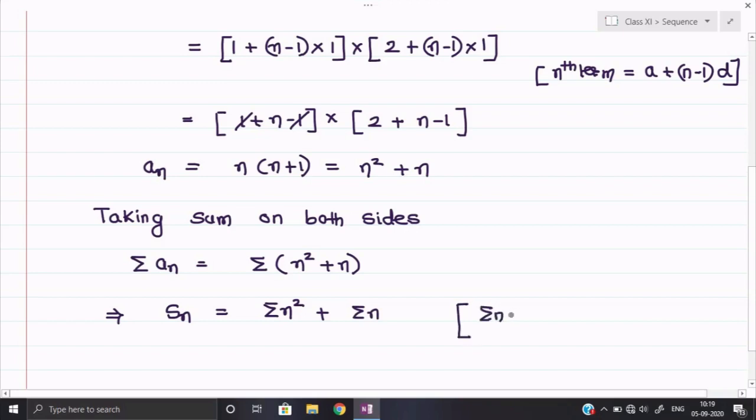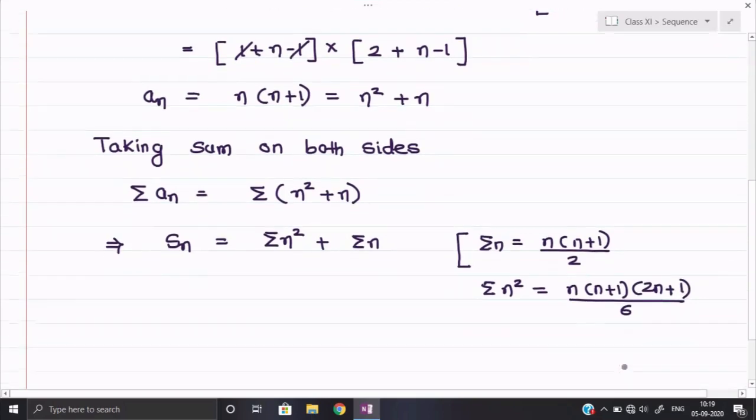Summation n we have written as n into (n plus 1) upon 2, and summation of n square is n into (n plus 1) into (2n plus 1) whole divided by 6. This formula we have written.